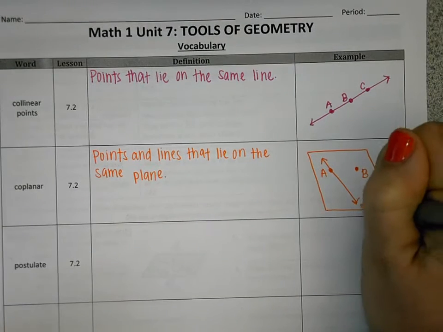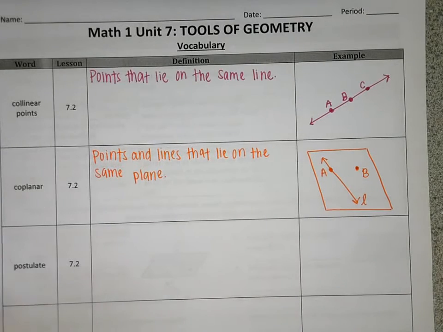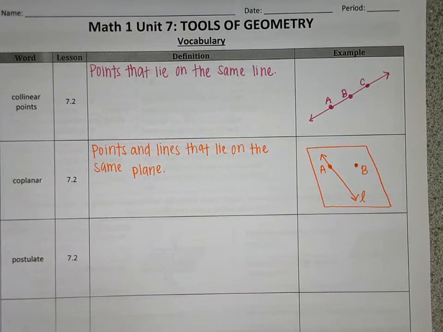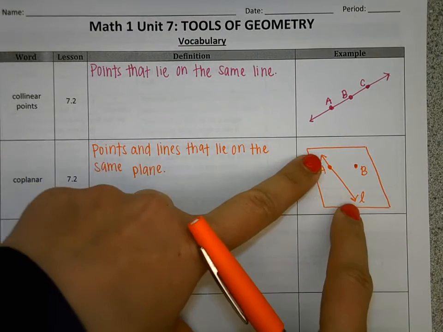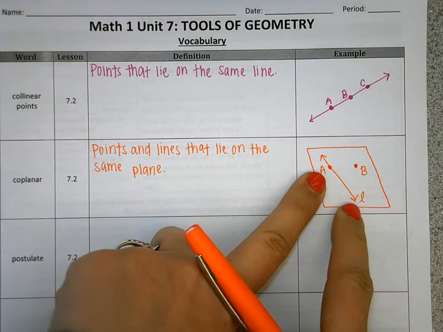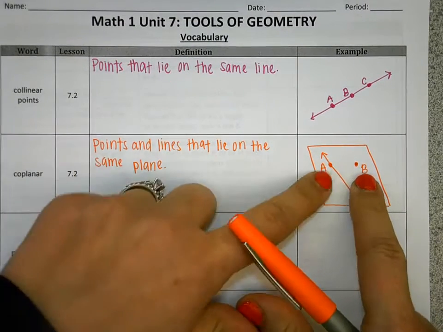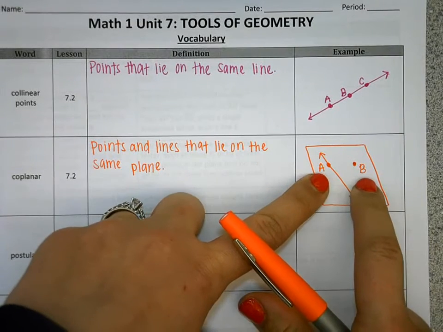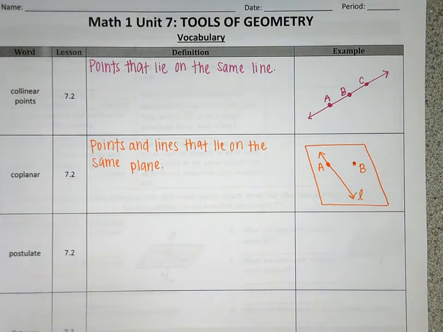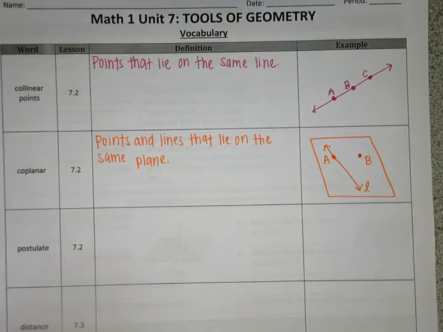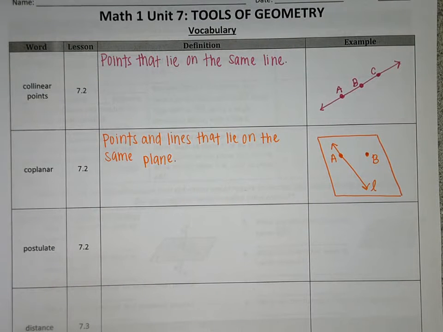And let's name this line L. So we use a cursive L. So we would say that line L and point B are coplanar. We could say that point A and point B are coplanar. So coplanar means points and/or lines that are on the same plane. Okay.